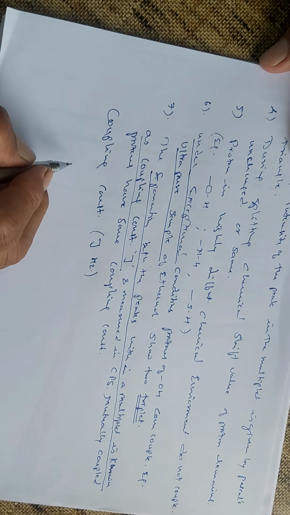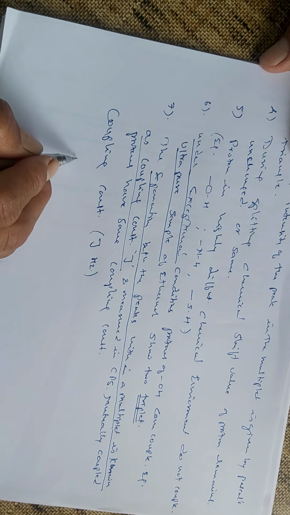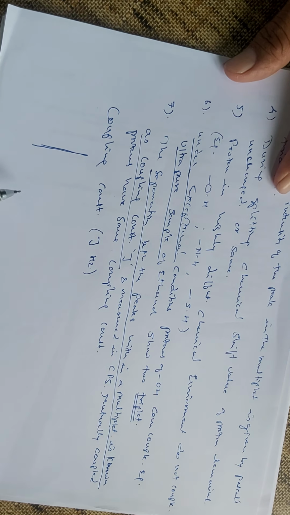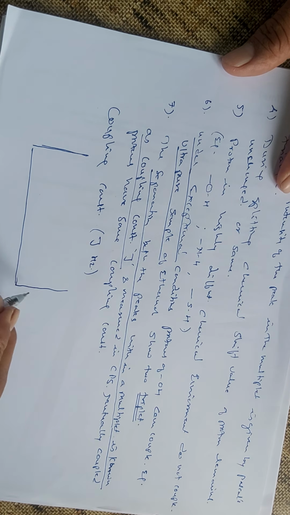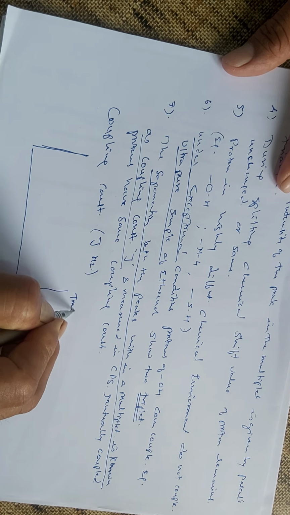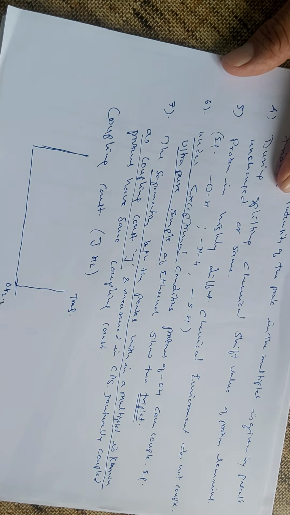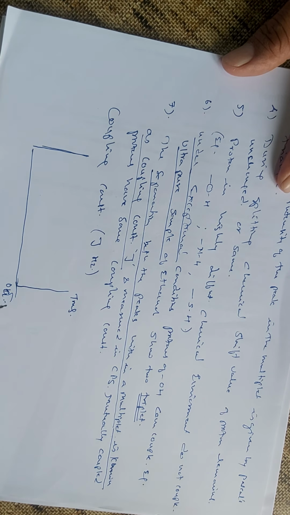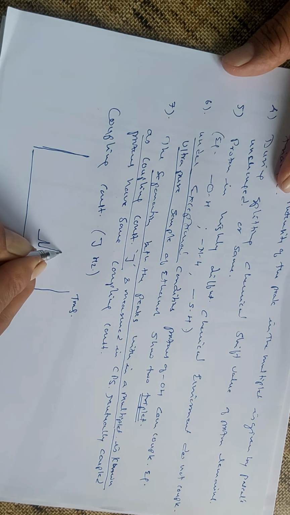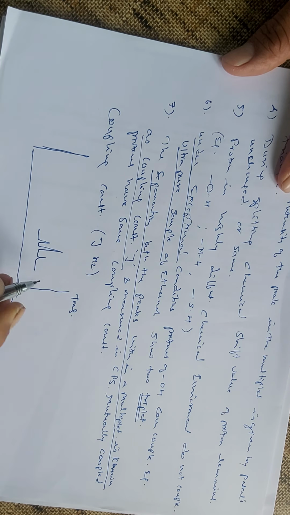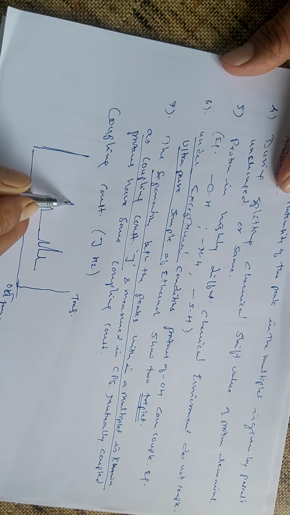Here we will see the spectrum of ethyl chloride. If this is the peak of TMS at 0 hertz, 0 delta, or 0 parts per million, we get a triplet here, and here we are getting a quartet.